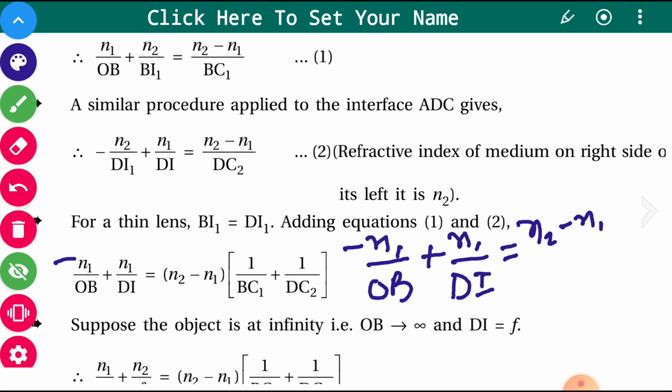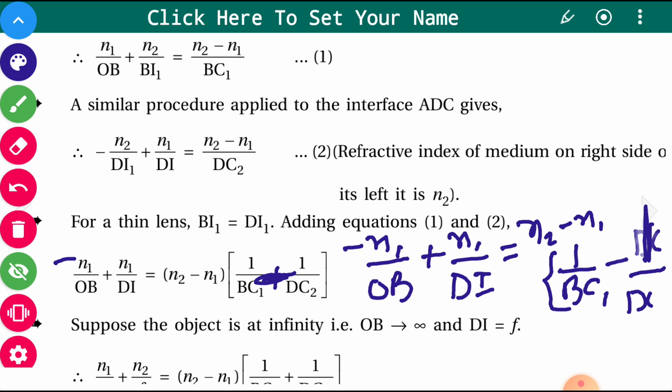Okay, and into bracket you will have 1 upon bc1. Instead of this positive, there will be negative, minus 1 upon dc2. So we can write it as 1 upon dc2.